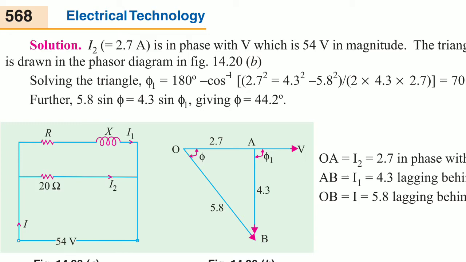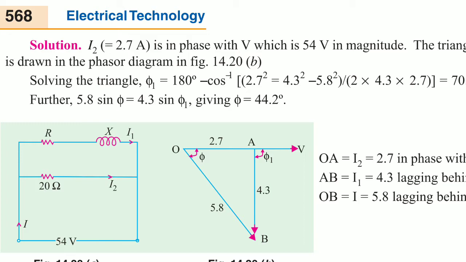Generally, what we can write here is: resultant current I square is equal to I1 square plus I2 square plus 2 I1 I2 cos theta.